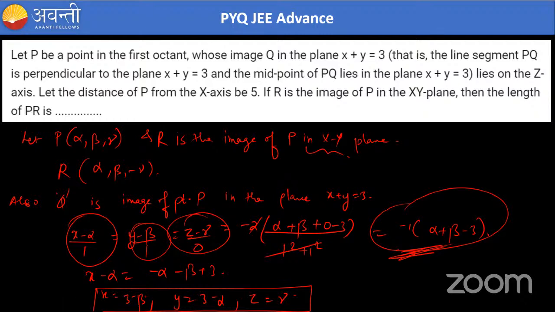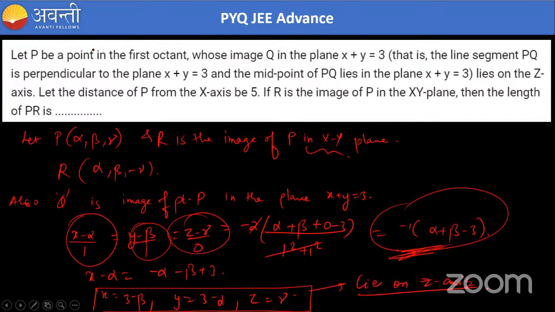And since Q lies on the z axis, any point on the z axis is represented by 0, 0, gamma, right?